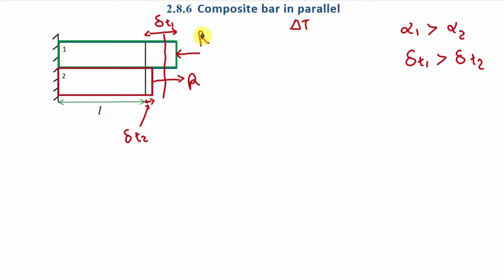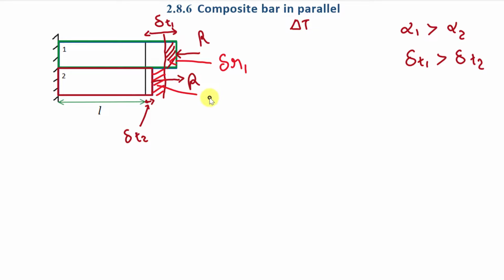Now due to this reaction, the deformation in body 1 will be this much, and let's say this deformation is delta R1, means deformation due to this reaction. And here in body 2 there will be this much amount of deformation due to this reaction, right?